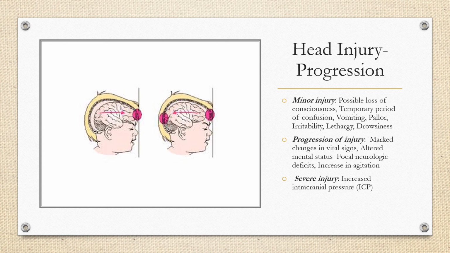Progression of injury is a marked change in vital signs, altered mental status, focal neurological deficits, increase in agitation. So we're progressing worse from probably having a minor injury. Severe injury, we have increased intracranial pressure to the point where we can have death with this. So with severe injury, we're more concerned, but even minor injuries can progress.